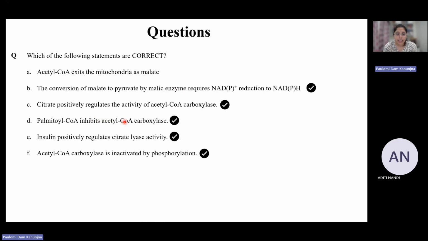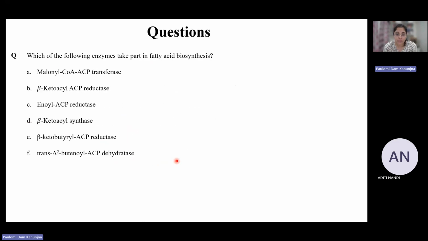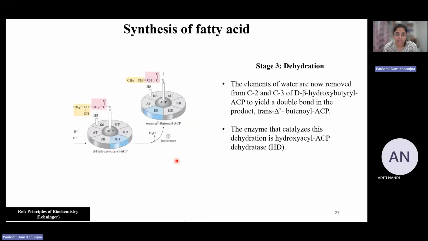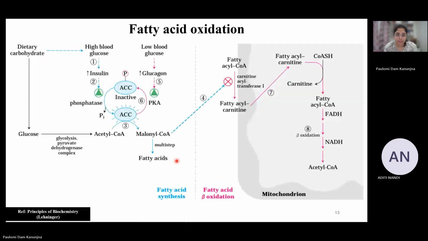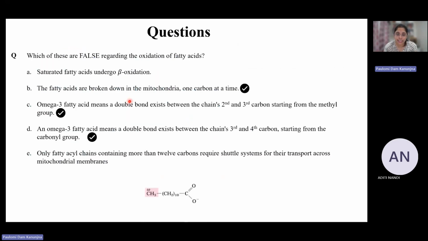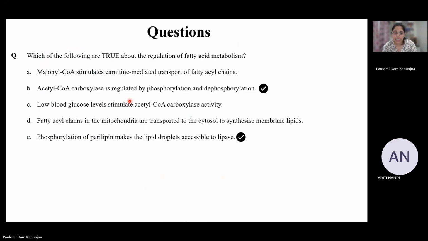Then it says acetyl coenzyme A carboxylase is inactivated by phosphorylation. If you remember the very last slide here, if it is phosphorylated, it is inactive. So it is correct.